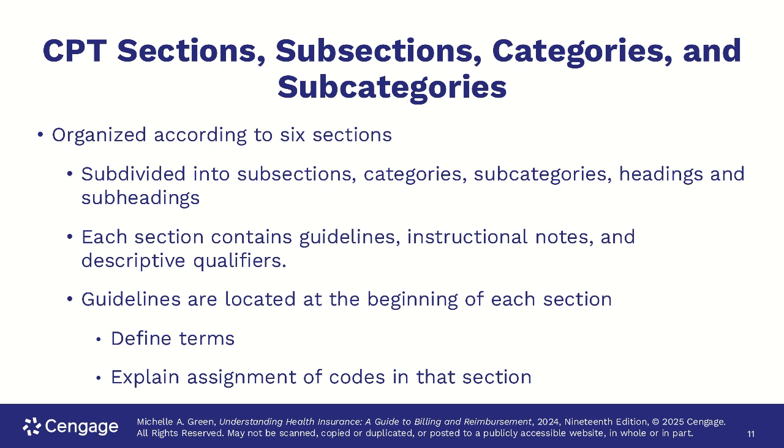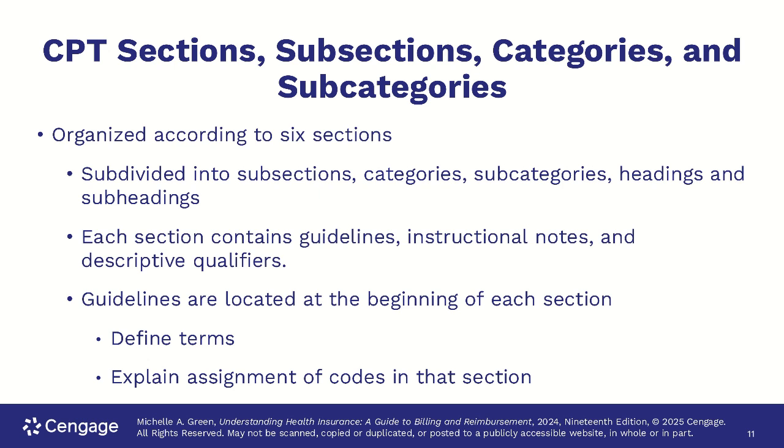So I mentioned that category one is organized into six sections. Those six sections are further subdivided into subsections. And as I mentioned before, each area begins with what are known as guidelines, and these guidelines are located at the beginning of each section. You should carefully review these guidelines before assigning a code.